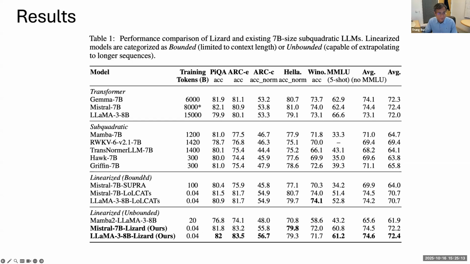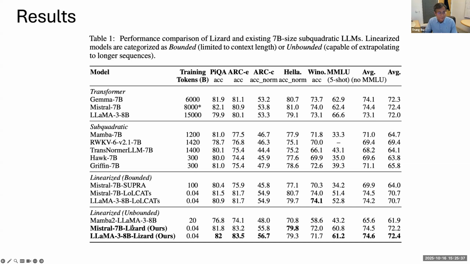Then LinearizeL requires less, and SUPRA requires 100 billion tokens. And then the recent work requires very few tokens, here about 40 million tokens to train the model, and it has an improvement on average here.